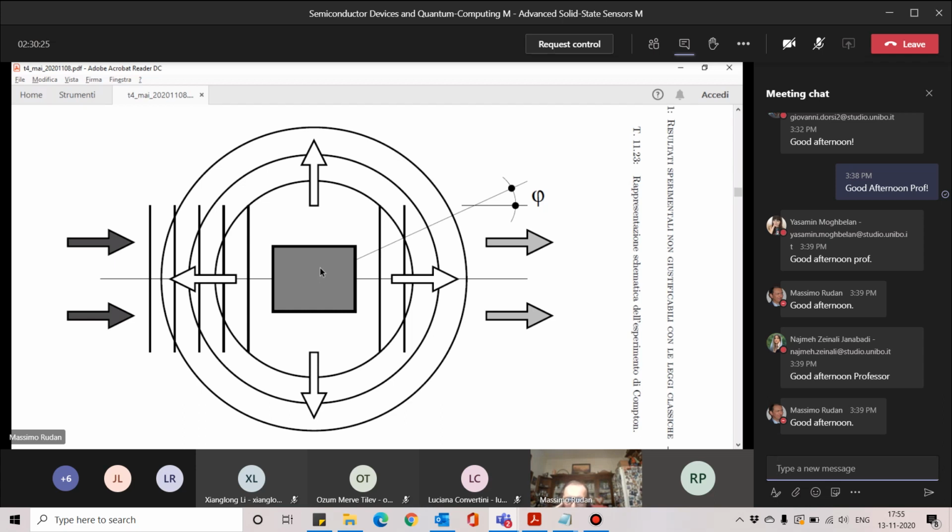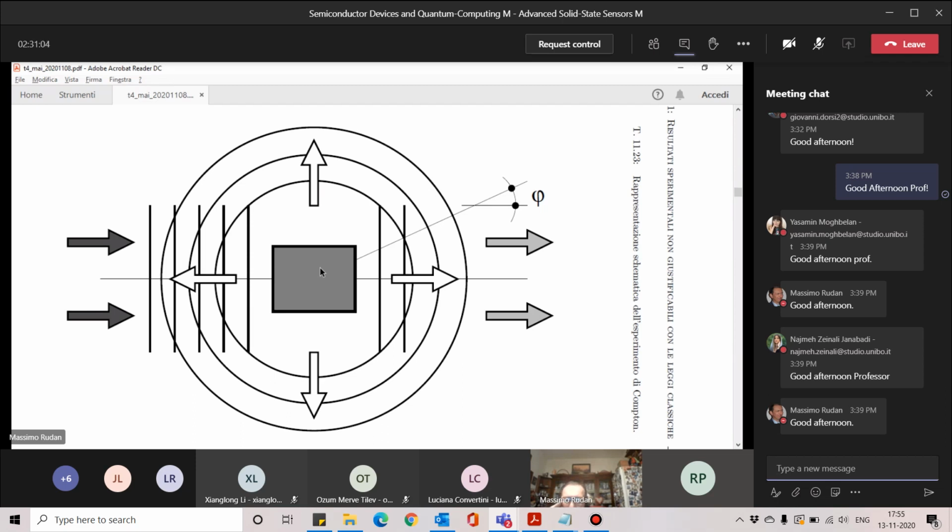However, we do not find a radiation whose frequency is always the same as that of the impinging radiation. We find that the emitted spherical wave has a frequency that depends on the angle. When we measure with the angle phi equal to 0, that is aligned with the radiation that comes out from the right, we find exactly the same frequency of the input radiation.